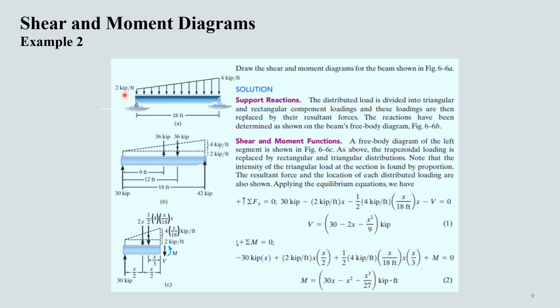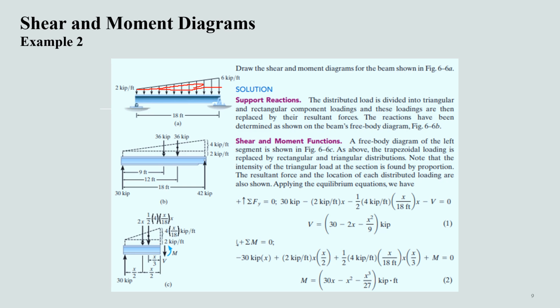The one portion that will be applied as a rectangular load is of 2 kip per foot, and the second portion is of 6 minus 2, 4 kip per foot, and that is the uniformly varying load.